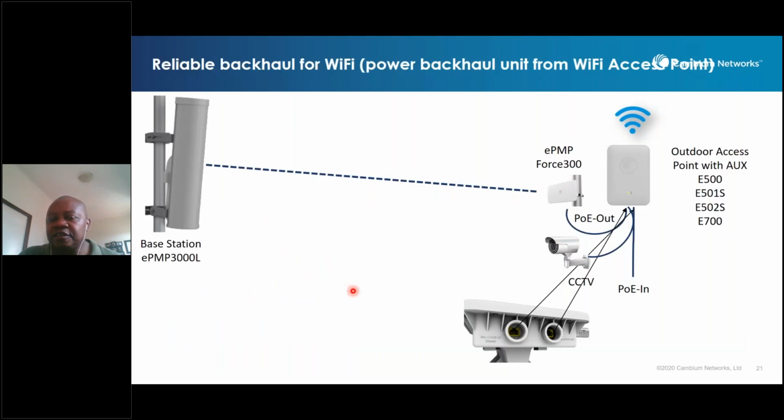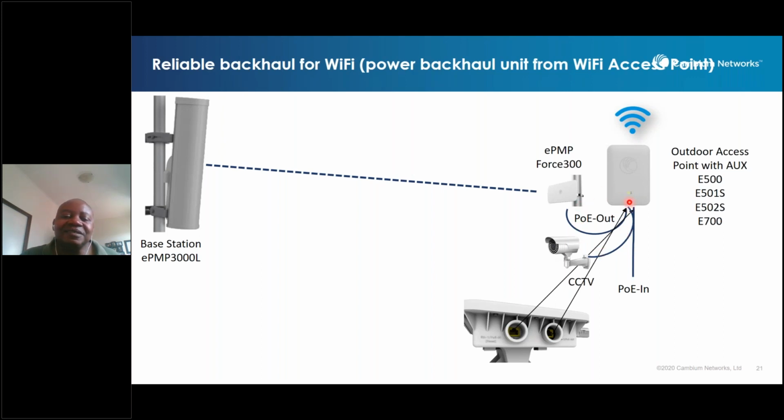Another application is where you would use the 3000L as an AP, talking to a Force 300 subscriber, which is co-located with an outdoor Wi-Fi access point. It could be a cnPilot, it could be the AX range of access points.